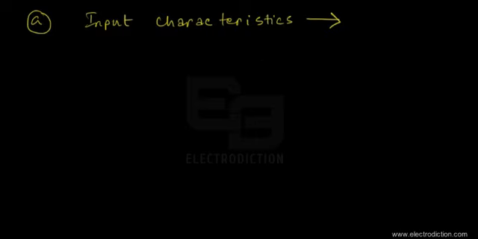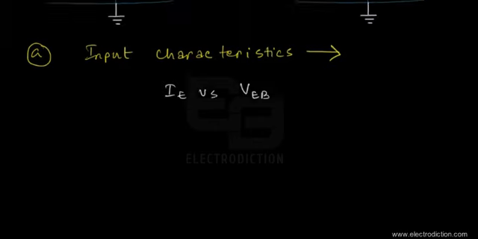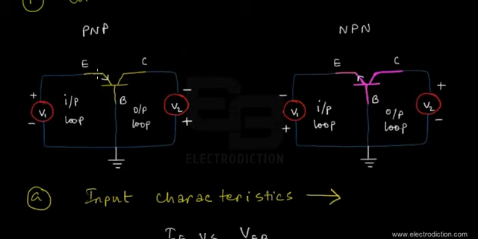So here we're going to plot a graph between the emitter current versus the input emitter base bias voltages. If you take a look at the diagrams again, we can see that this part of the circuit is where we get the emitter base bias voltage in both cases of the two types of BJT that we've seen here.